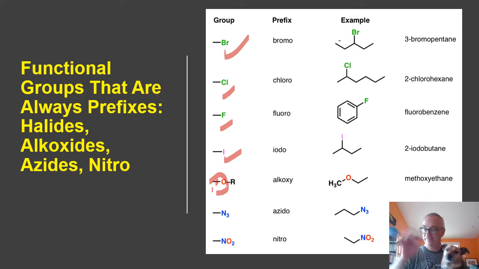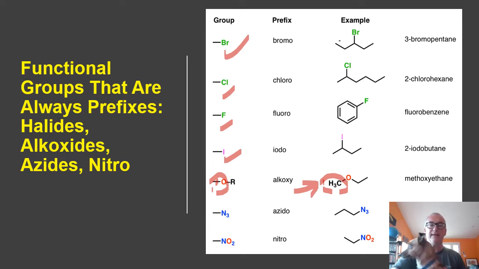So the longer chain gets to be the parental group, and then the shorter chain we give the term alkoxy. Here we just have a methyl group attached to the oxygen and with a longer ethyl group on the other side. So we would just call that methoxy because it's shorter.